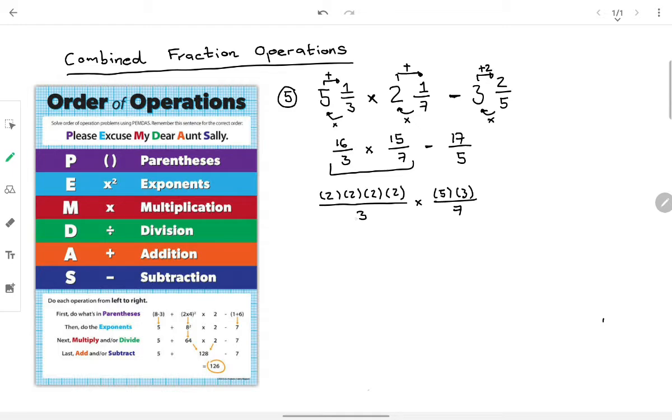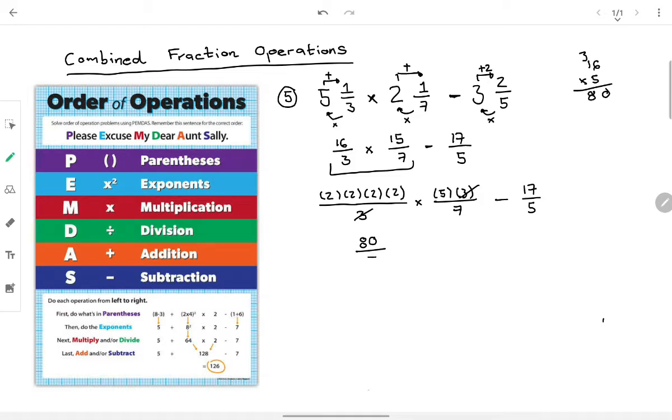So we can eliminate this 3 with this 3. So in the top part we will have 16 multiplied by 5, that will be 80. So we will get 80 on the top part.